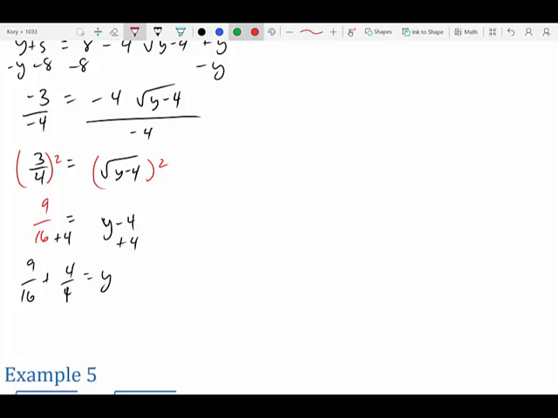Get the common denominator. So we have 9 over 16 plus 64 over 16, and that gives us 73 over 16.